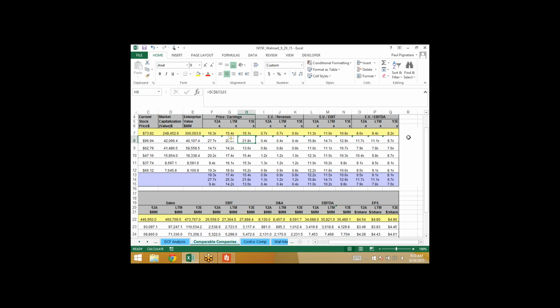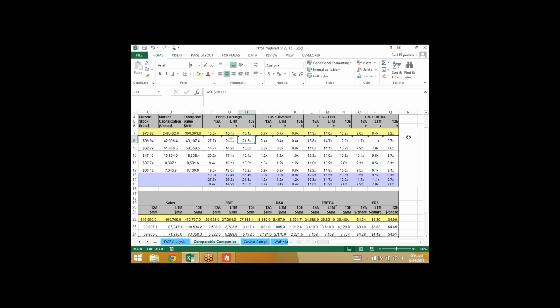PE is going to be a big factor in its capital structure. Yes. So at least with EBITDA, you take out that difference among companies. With PE, it's not really comparing apples to apples. PE takes into account the impacts of the capital structure, right?